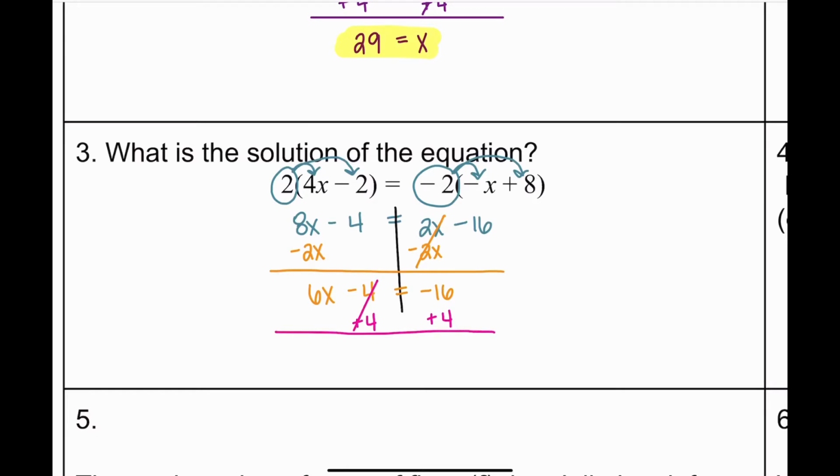And we simplify. 6x equals negative 16 plus 4 is negative 12. And finally, we can split the 6 away from the x by division. 6 divided by 6 is 1, so we get x, or 1x, equals negative 12 divided by 6 is negative 2.